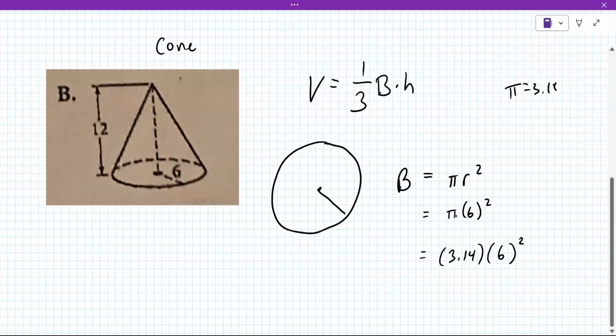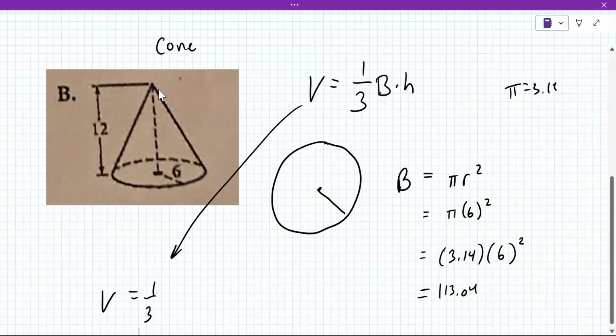Okay, I got this. 113.04. What is the height of the cone?